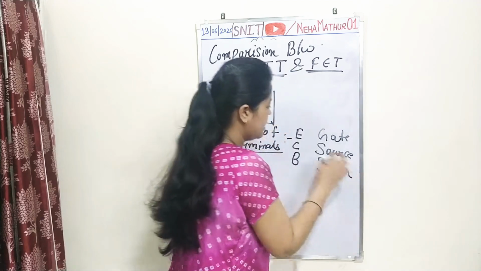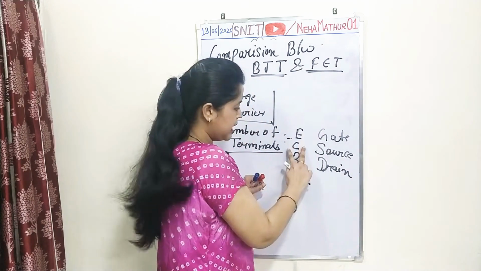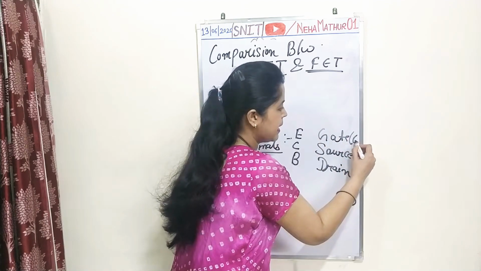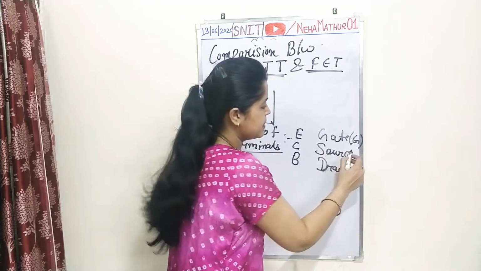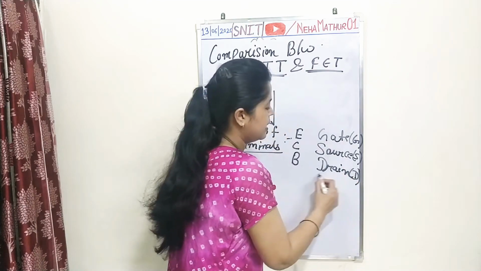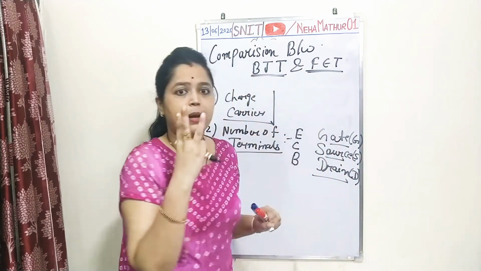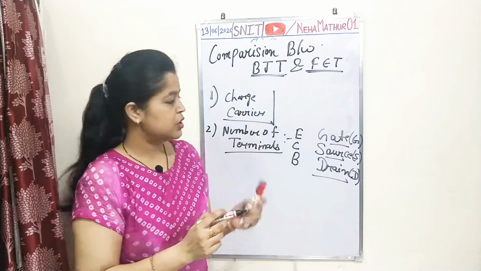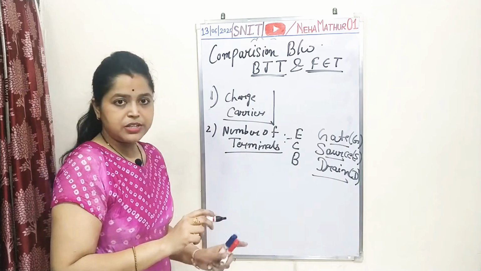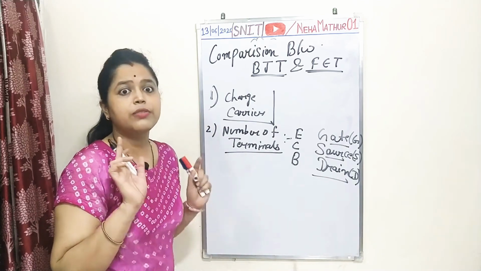This is for emitter, collector and base. Now in FET, gate is represented by capital G, source is represented by capital S and drain is represented by capital D. This is about the three terminals of FET. See, so this is the second difference, or you can say just the comparison in terms of number of terminals.